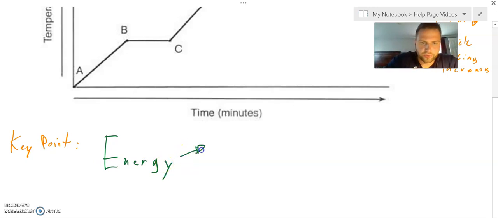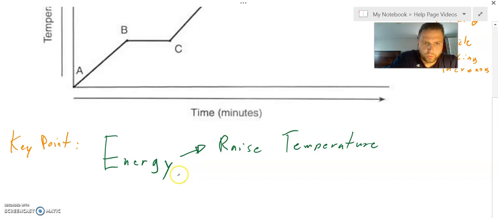It's either going to raise temperature, or it's going to increase spacing, increase particle spacing specifically.